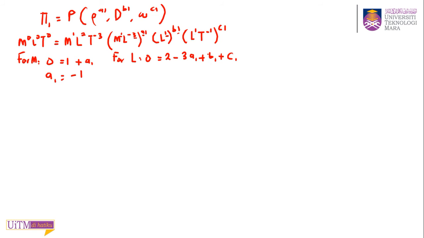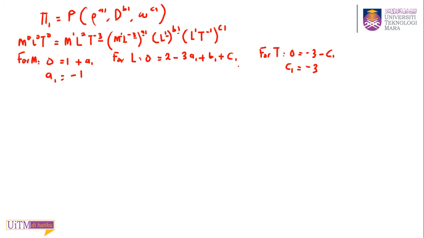You have two unknowns, so you cannot solve it yet. So for T, 0 equals minus 3 plus minus C1, so C1 will be equal to minus 3.